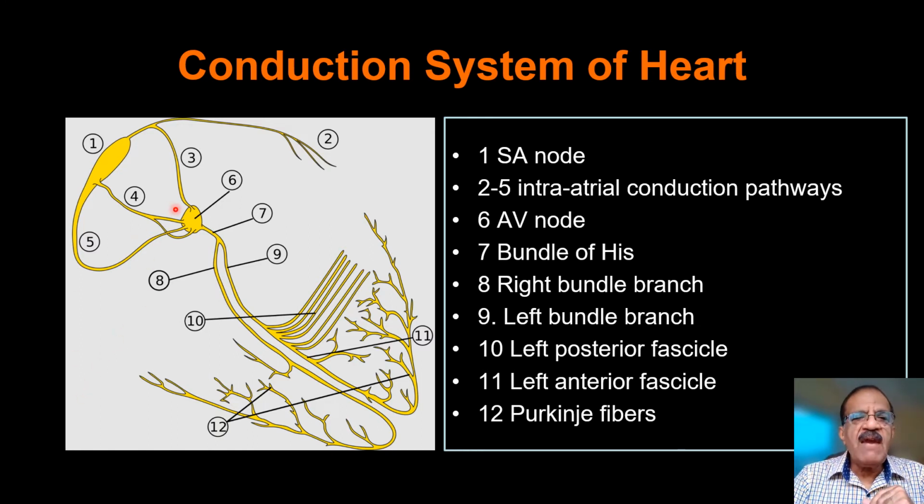Okay, so AV node has got a very specialized function, to hold the current for some time. Now this is extremely important. Nature has got some great wisdom here. Purpose of holding current in the AV node is to allow atria to depolarize and contract before ventricles depolarize and contract. Why is that needed? Because first atria has to contract before ventricles, because only then ventricular filling will be complete.